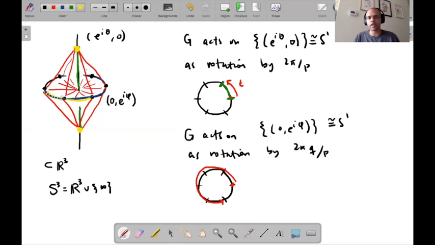Okay, so piecing all of this together, we can see that this triangle here is identified with, well, this vertex goes up here and this edge goes over here. So it's identified with this triangle here. Okay, so this gives you the face identifications.